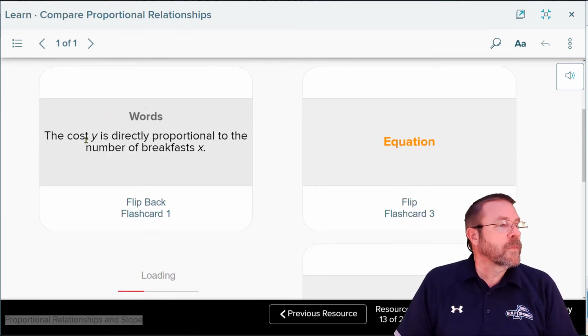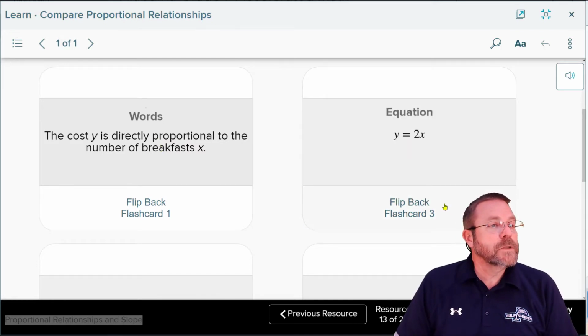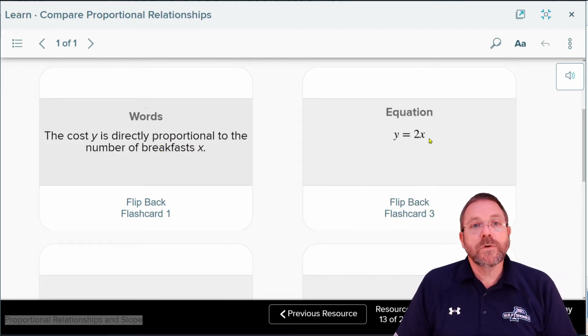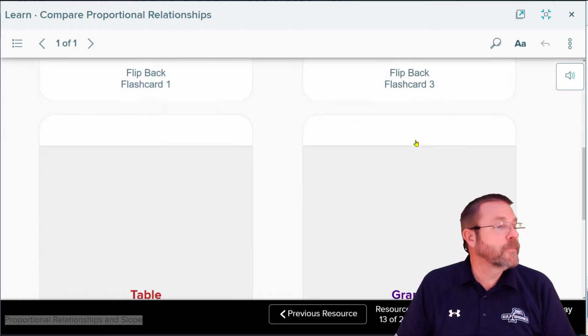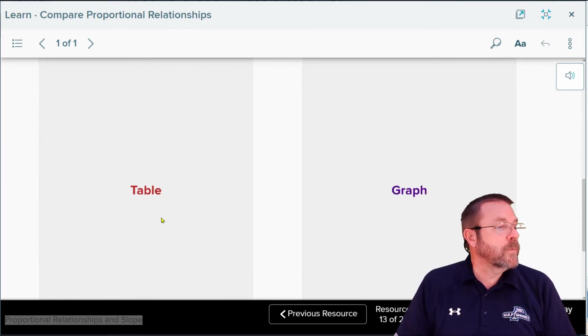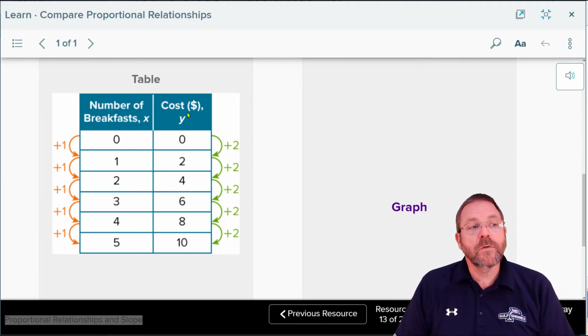In words, the cost y is directly proportional to the number of breakfasts x. In an equation, you have y is equal to 2 times x, where 2 is going to be your slope or your constant rate of change or your unit rate. And then down here for a table, you can see for every change in x of one breakfast, you get a change in y of $2.